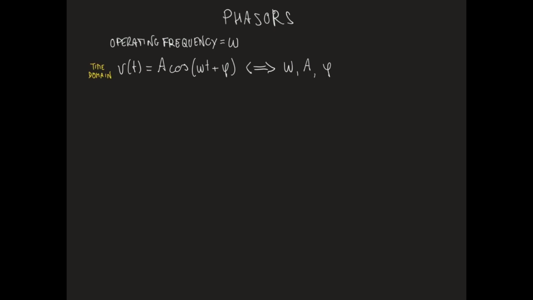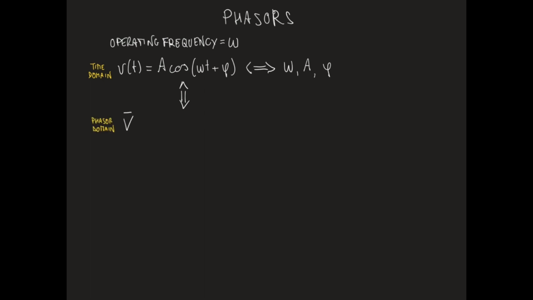In the phasor domain, the same signal is represented with a phasor, indeed, whose symbol typically is the same letter as the signal in the time domain, just in the capital case with a bar over it. So V bar.